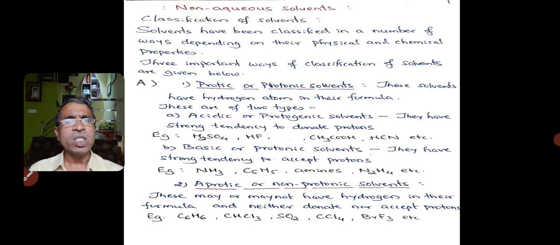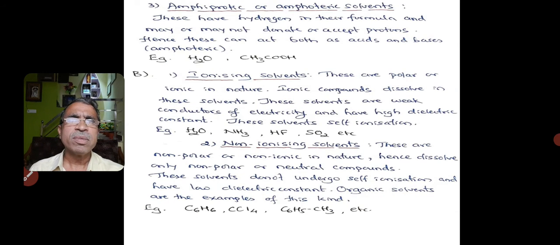The word itself says there are no hydrogen ions. These may or may not have hydrogen in their formula and neither donate nor accept protons. Examples: benzene, chloroform, sulfur dioxide, carbon tetrachloride, bromine trifluoride, etc.